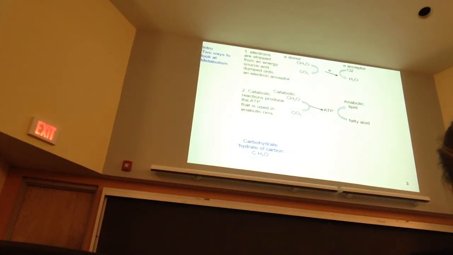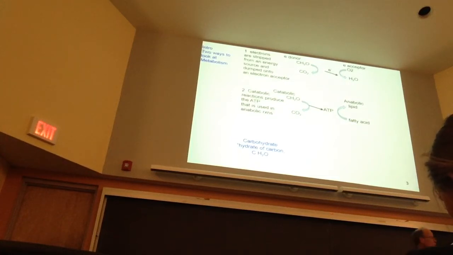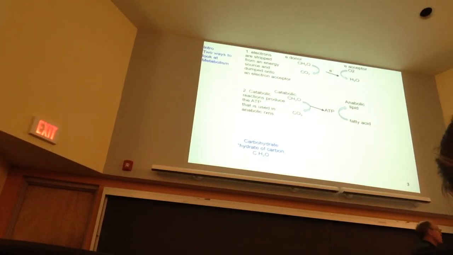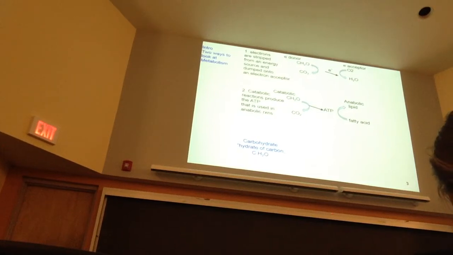So this is a modification of a slide that I've made over the years. And there's two ways that I'm kind of stressing the metabolism in this couple of chapters. The first is, this is a set of, well, they're both basically catabolic reactions.